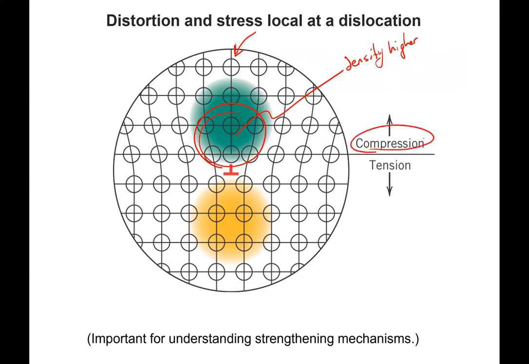We have too many atoms for the same space. Well, when these atoms are under compression, what they'd like to do is pull out and have these move a little further away so that they don't have to be in compression. The problem is that the bonds here on these other sets of planes are keeping the atoms close together.